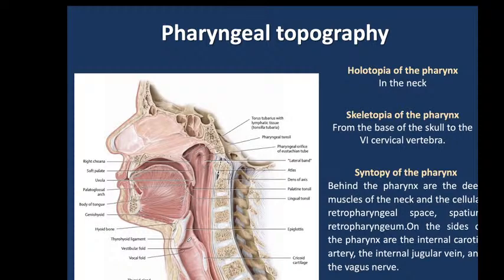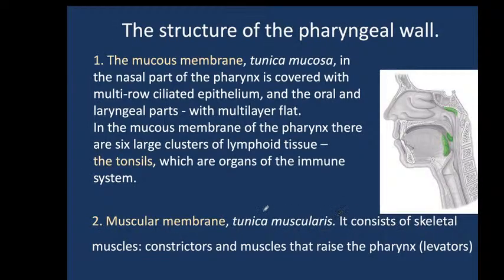Okay, so the structure of the pharynx wall: we could find mucous membrane here. This is typical for all digestive organs. There are some skeletal muscles.